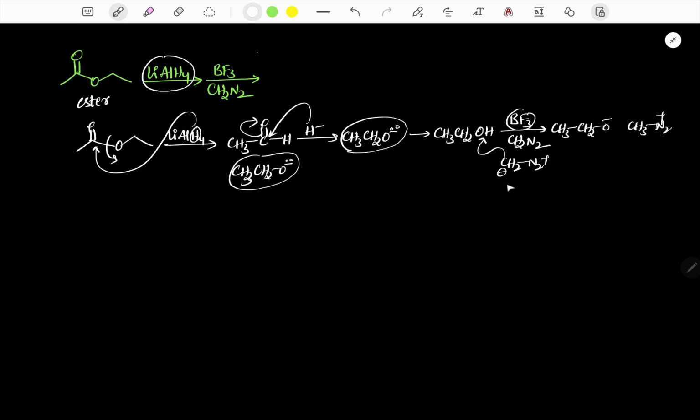CH2N2 is diazomethane, so with diazomethane an acid-base reaction takes place. Now it undergoes an SN2 type of reaction, and finally it gives the corresponding methoxy product, and the leaving group is N2. It is purely an SN2 reaction because it is a strong nucleophile and a primary center. Finally we got the corresponding propane and N2 gas.